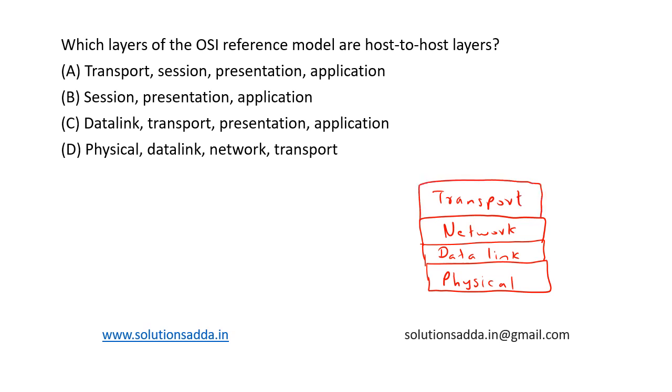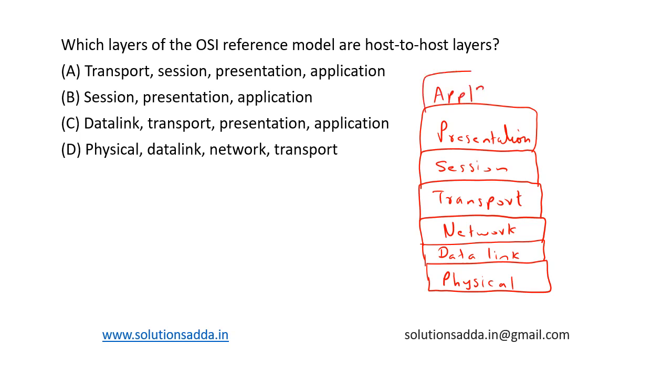On top of transport we have session. On top of session we have presentation. On top of presentation we have application. These are the various layers in the OSI reference model.